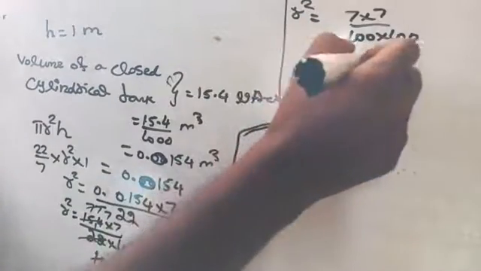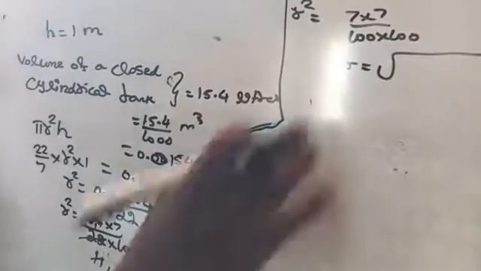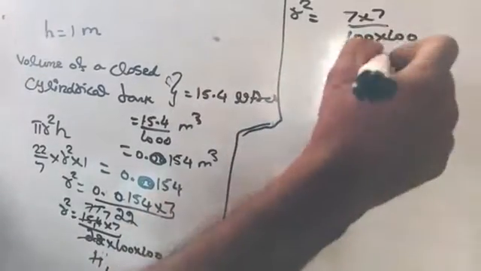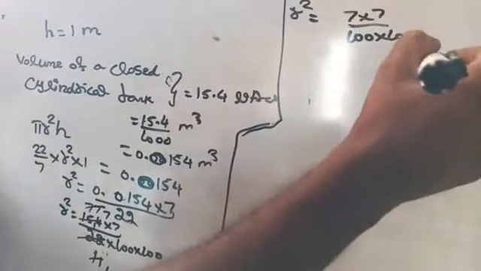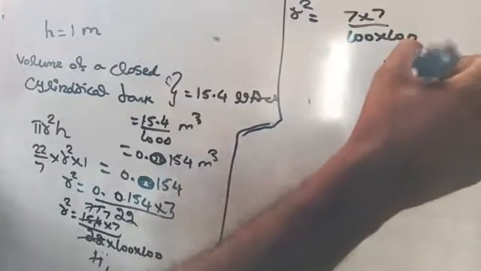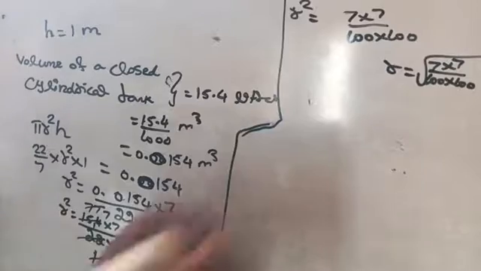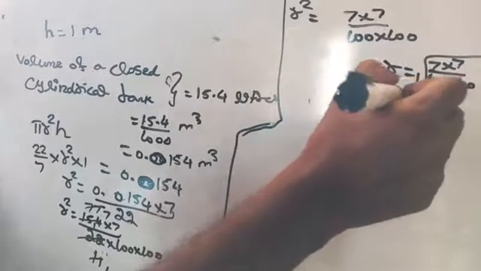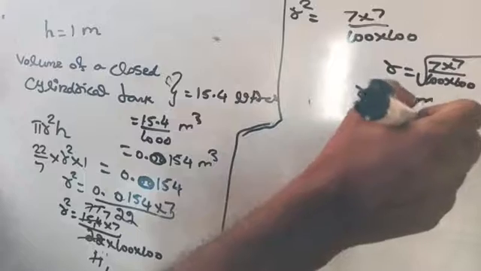Then r is equal to square root of 7 into 7 by 100 into 100. So r is equal to 7 by 100 meter, that is 0.07 meter.